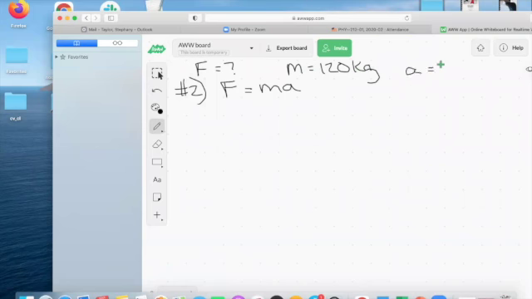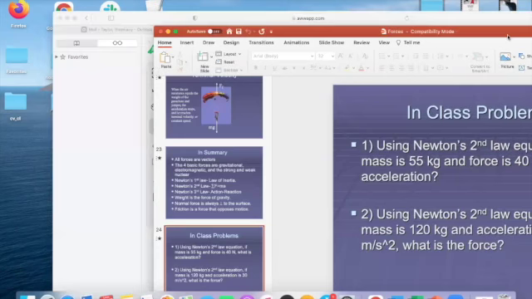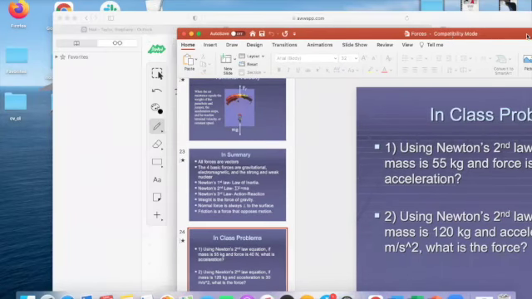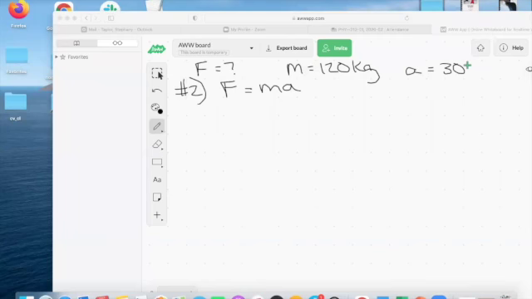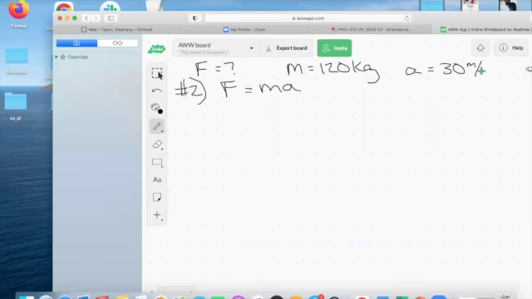Our acceleration is 30 meters per second squared. All we have to do is plug in. Since force is already on one side of the equation by itself, all we're doing is multiplying 120 kilograms times 30 meters per second squared.